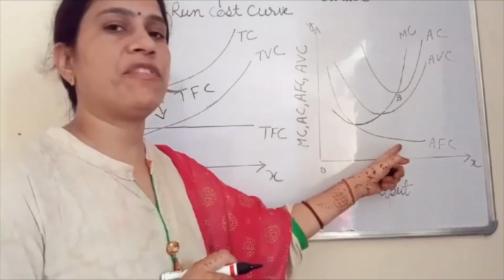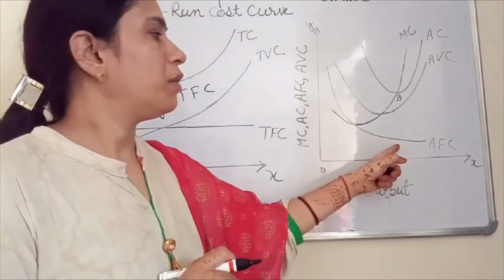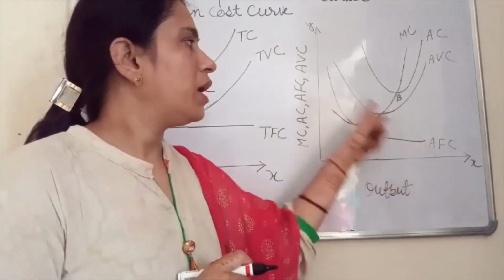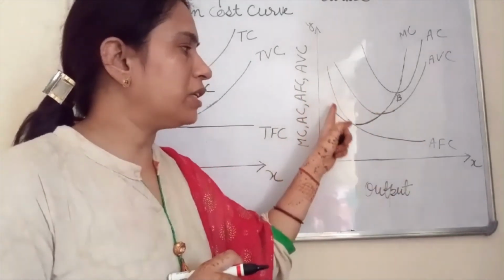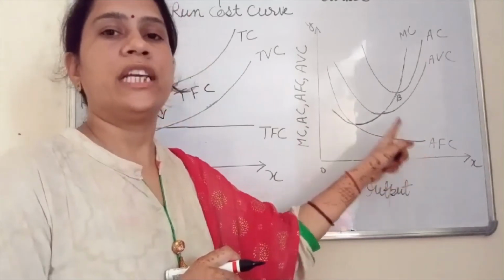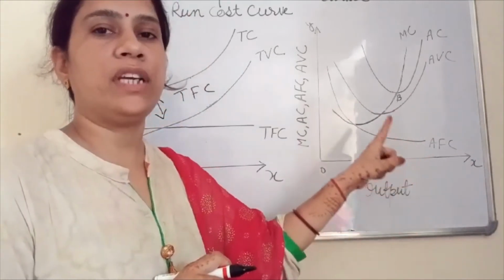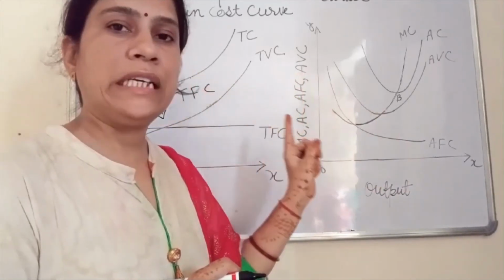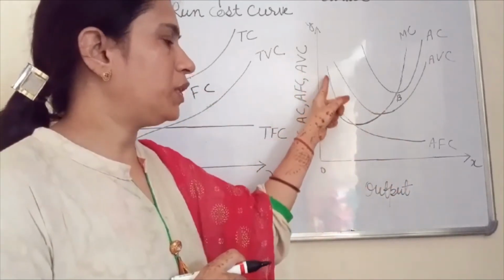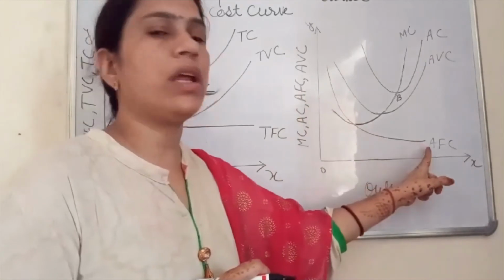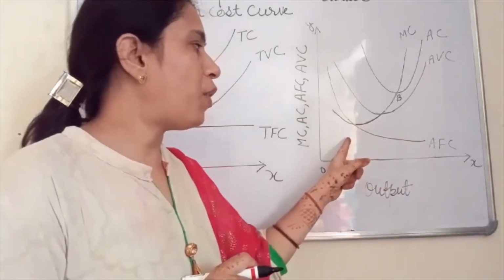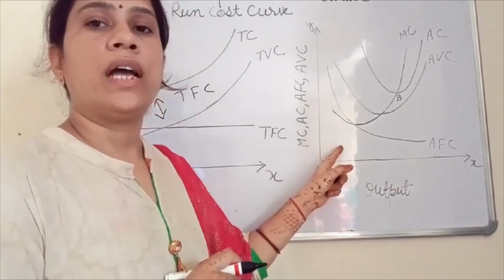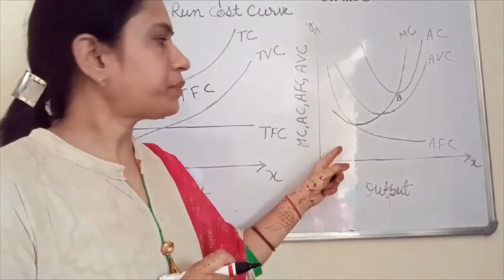AFC is a special type of curve, because AFC goes down continuously, because TFC remains constant, and when we divide by output, we get continuously decreasing AFC. So it is called rectangular hyperbola, because every point under this curve has the same area.